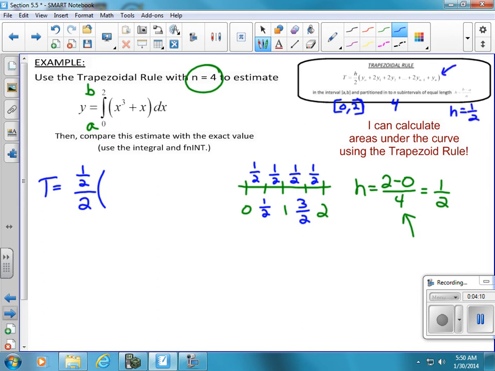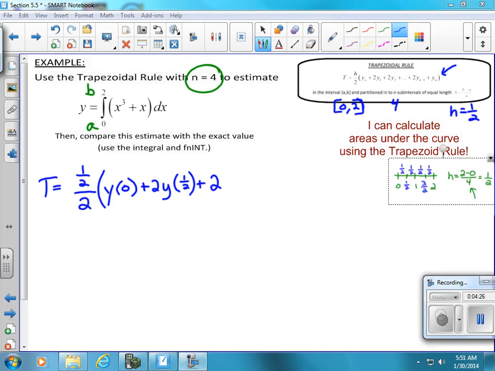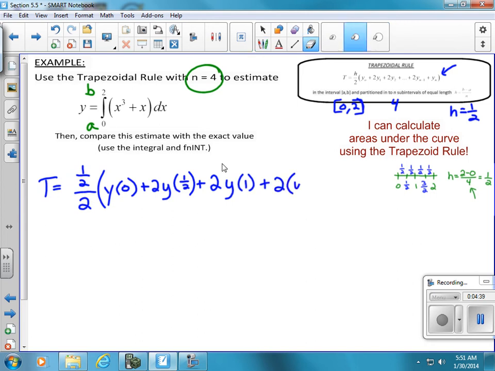Okay, so now we're going to use this formula. It starts out with y at 0 plus 2 times y at 1/2 plus 2 times y at 1 plus 2 times y at 3/2, plus y at 2.